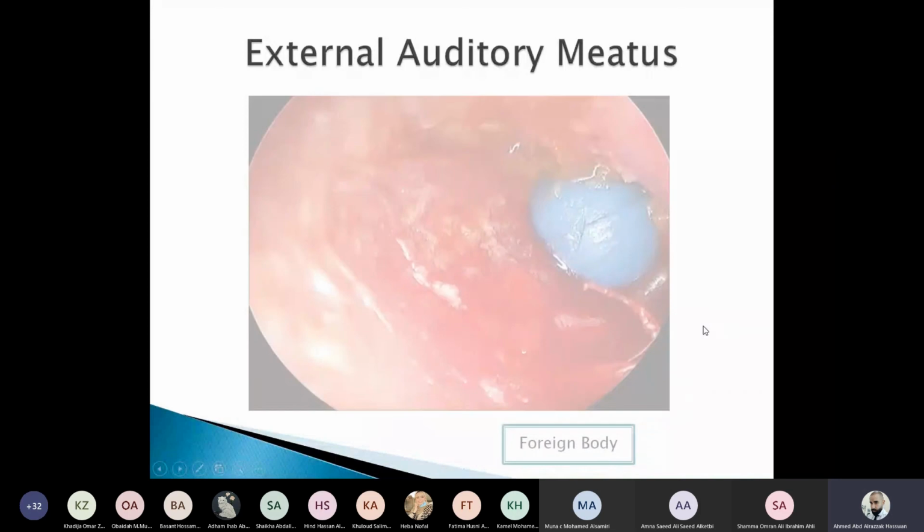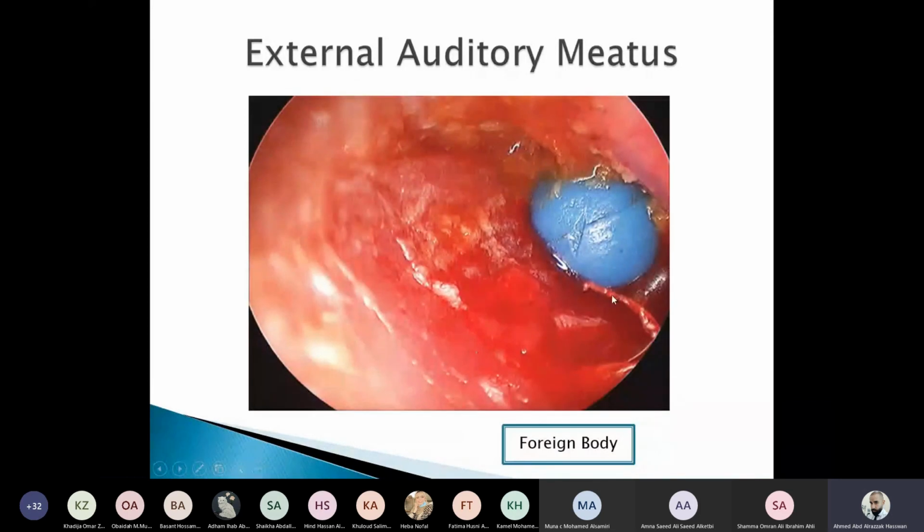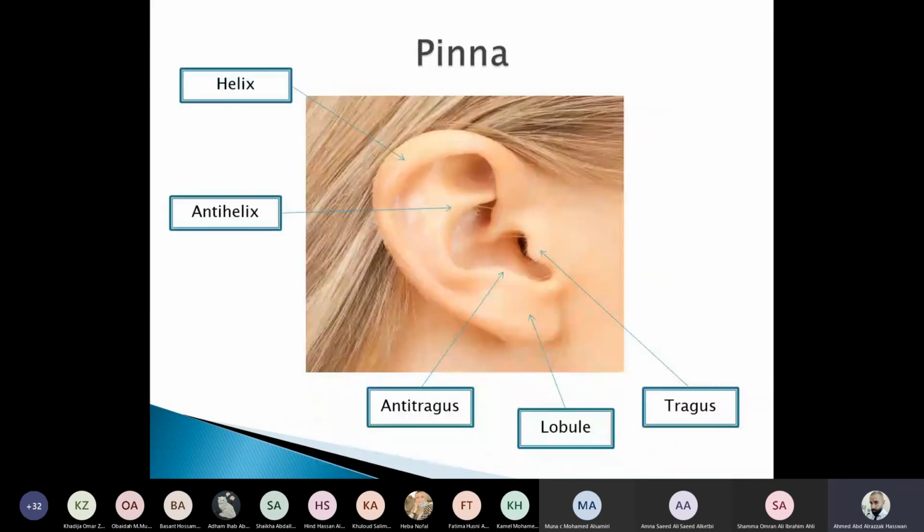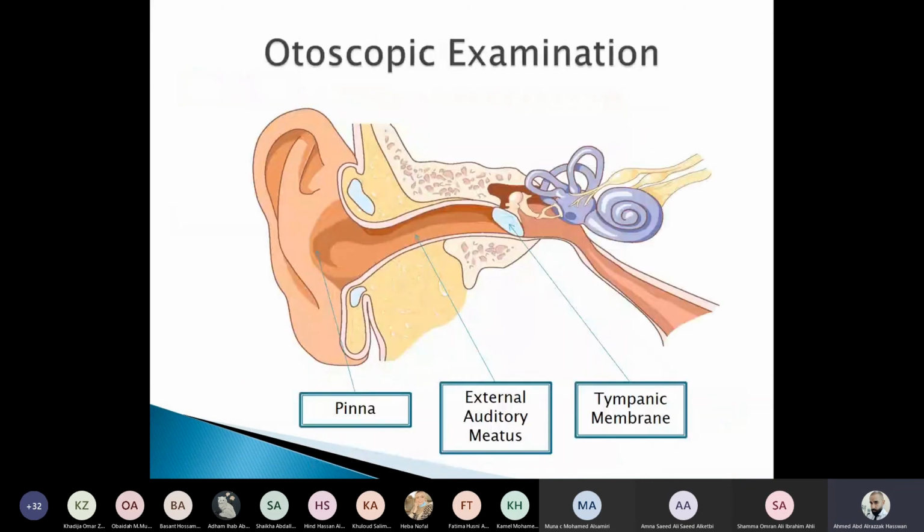Okay. Now let's take a look at this one. Can you see this? Of course, this is something abnormal. Shouldn't it be cleaned, and that will solve it? Okay, Bushra. So let's talk about the wax. If I go back here, usually there is something in the external ear auditory meatus.